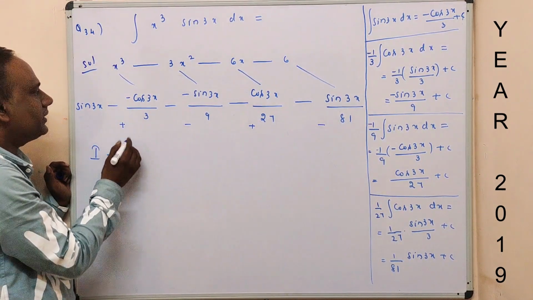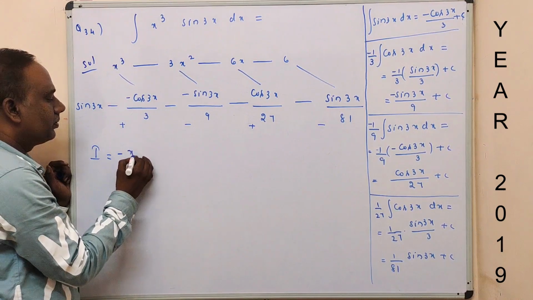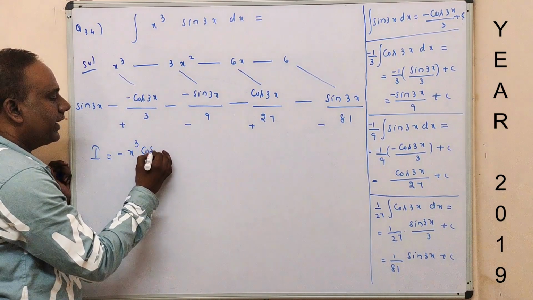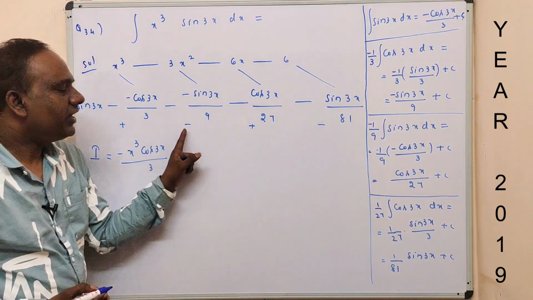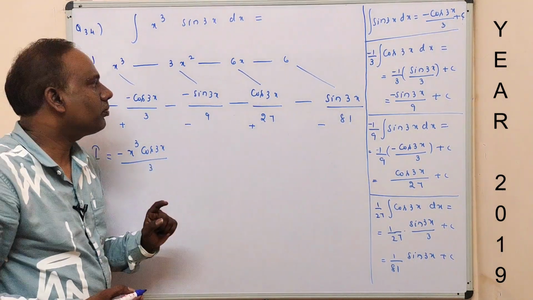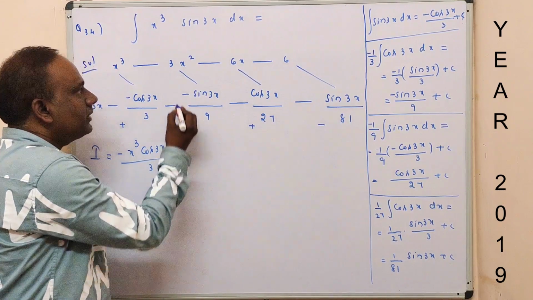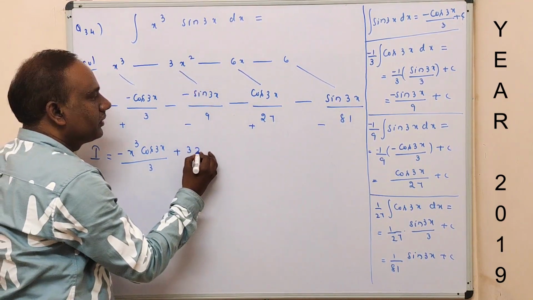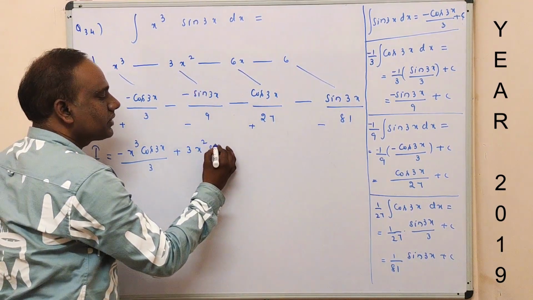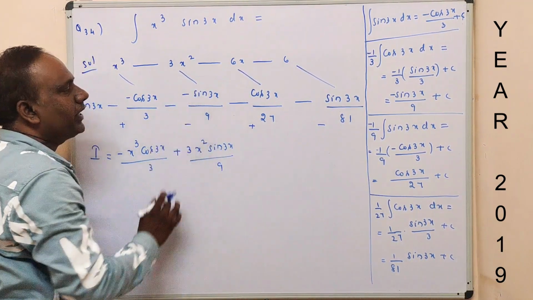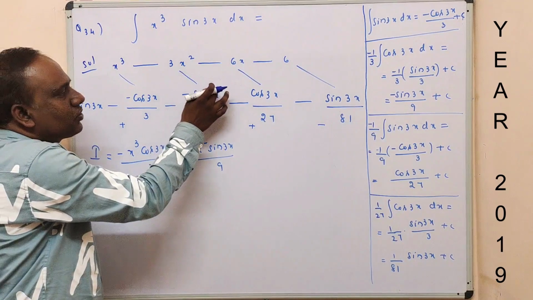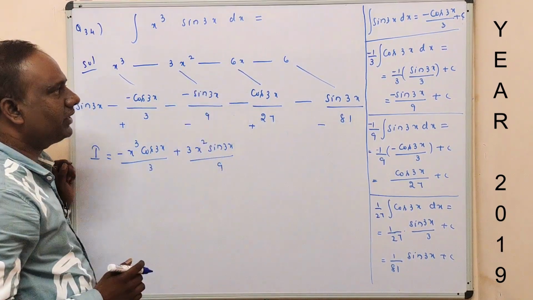First of all, minus x cube cos 3x by 3, and here it is minus, so minus into minus is plus 3x square sine 3x by 9.